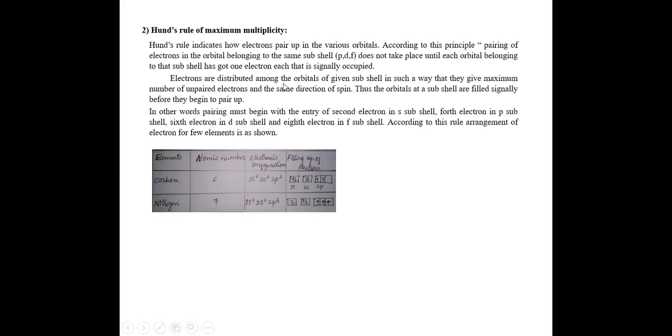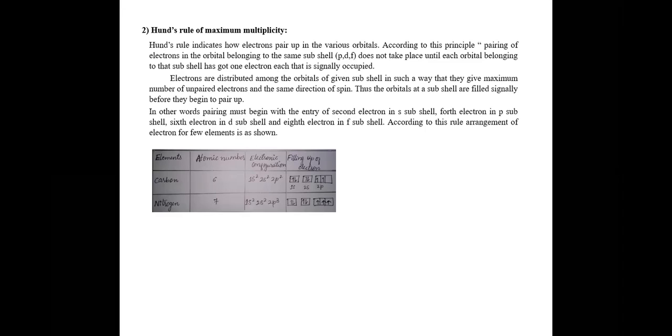Electrons are distributed among the orbitals of the given subshell in such a way that they give the maximum number of unpaired electrons with the same direction of spin. That is, we have to distribute the electrons among the orbitals so that we get the maximum number of unpaired electrons.